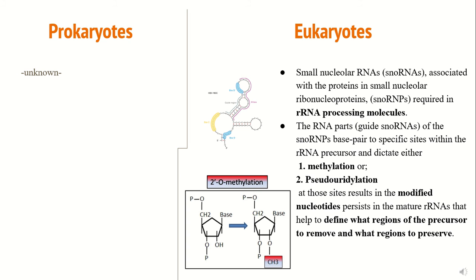The RNA parts of the snRNPs base pair to specific sites within the rRNA precursor and dictate either methylations or pseudouridylations. These sites result in modified nucleotides that persist in the matured rRNAs and help to define what regions of the precursor to remove and what regions to preserve.